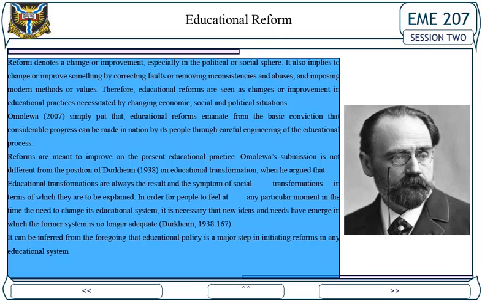In order for people to feel at any particular moment in time that they need to change their educational system, it is necessary that new ideas and needs have emerged in which the former system is no longer adequate (Duncan, 1938, 167). It can be inferred from the foregoing that educational policy is a major step in initiating reforms in any educational system.